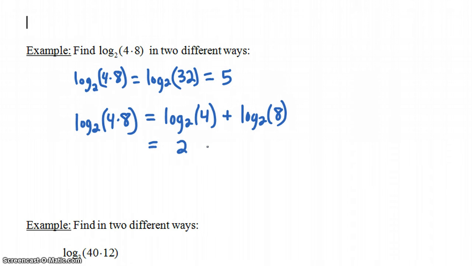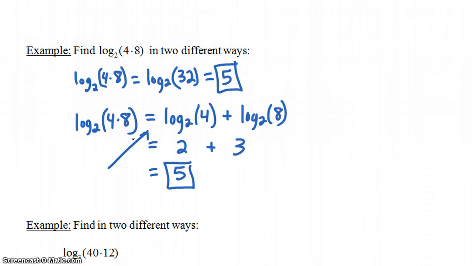We know it's 2. And what's log base 2 of 8? We know that's 3, because 2 to the 3rd power equals 8. And 2 plus 3 is 5. Notice we got the same answer, 5, two different ways. Here we used the product property. So the product property gave us the same answer that we would have gotten if we had just multiplied the 4 times the 8.